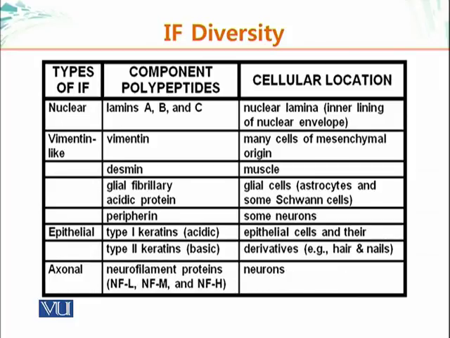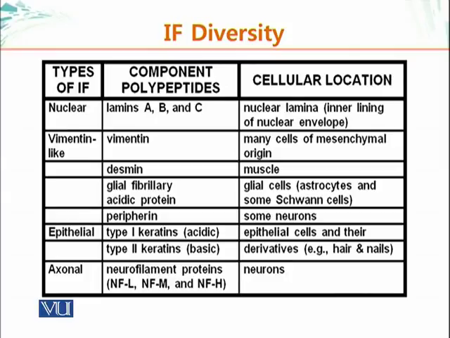Now I'm going to show you a chart which shows you different intermediate filaments. In the nucleus, we have lamins A, B, and C. They form the inner lining of the nuclear envelope. Vimentin-like intermediate filaments are found in many cells of mesenchymal origin. Desmin is the type of intermediate filament in muscle cells.